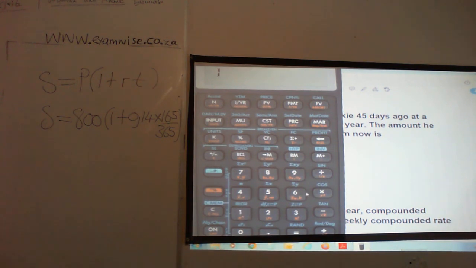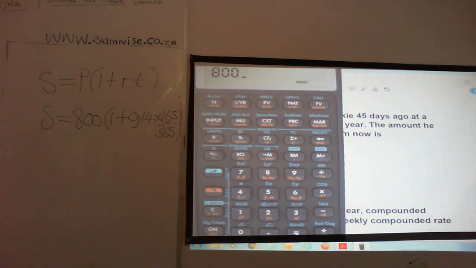We start inside the brackets, and we start with the fraction. So we are saying 165 divided by 365, equals. Then multiply by 0.14, equals. Then plus 1, equals. So inside the brackets we have this amount. Then we multiply by 800.